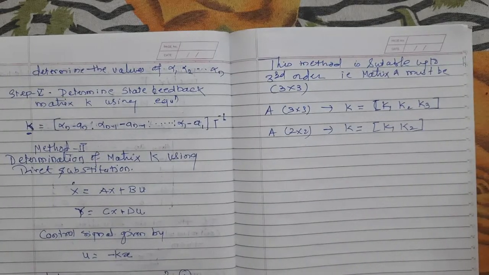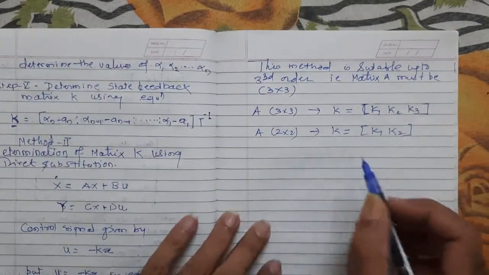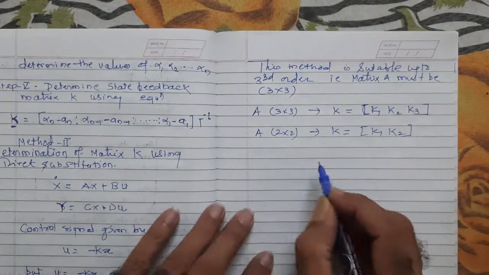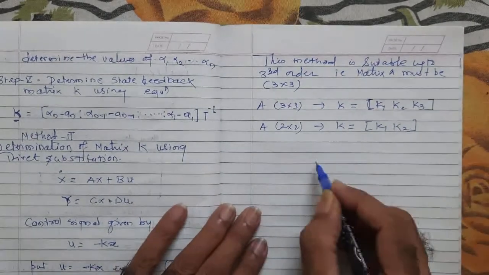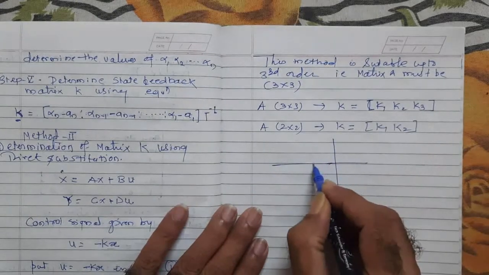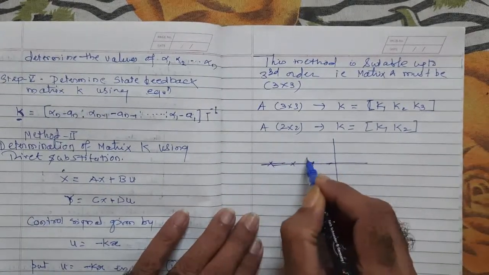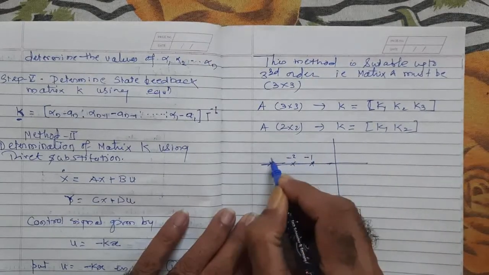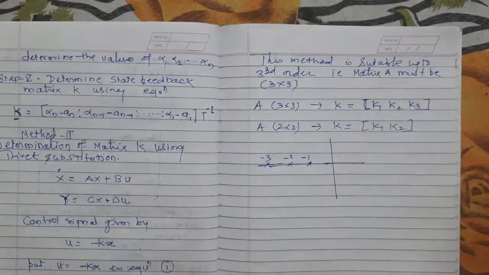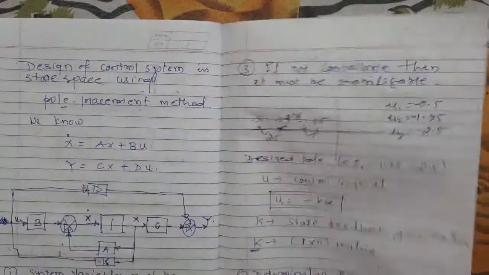Now see here, for understanding purpose, let us say we will have the same example. We have 3 poles, that is -1, -2 and -3. We will take the same example that we have taken in the first method.